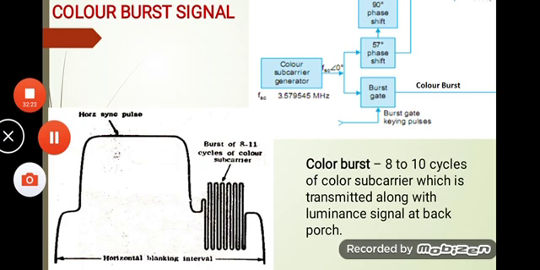So we need certain samples of that signal. The burst signal is nothing but 8 to 10 samples of the color subcarrier signal.